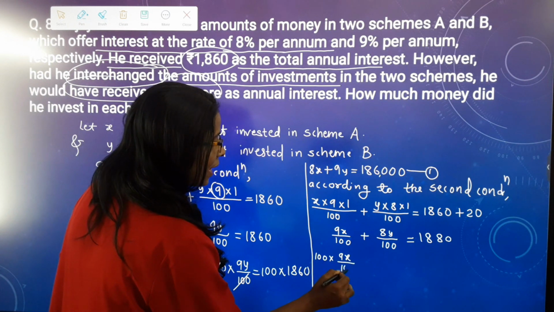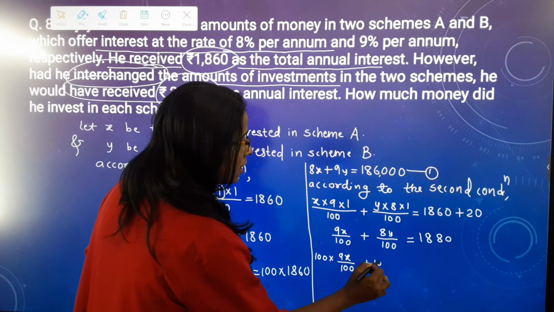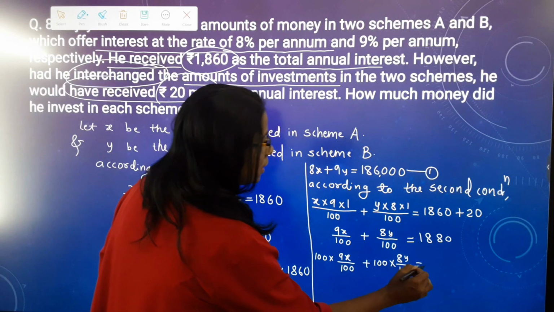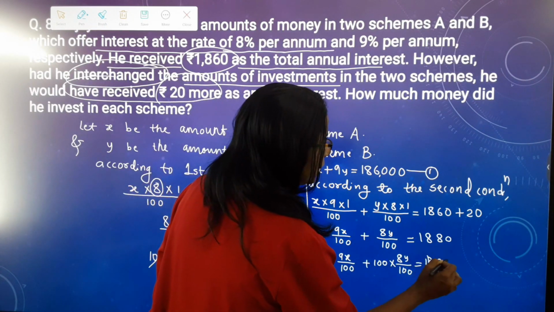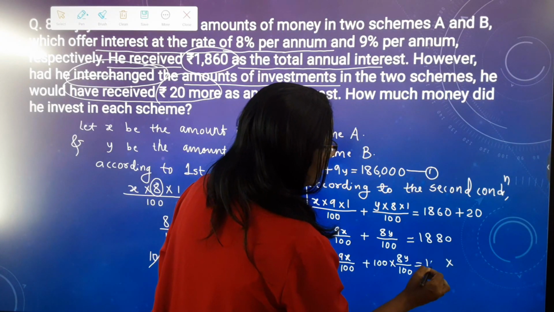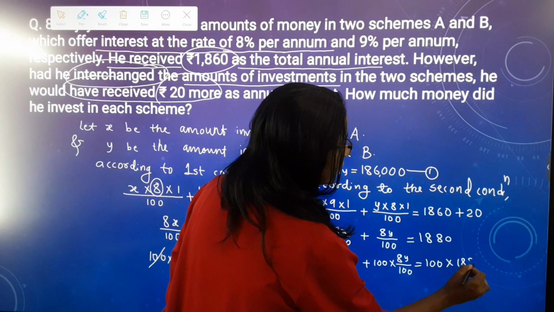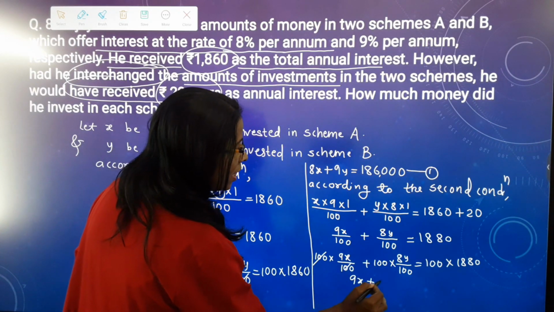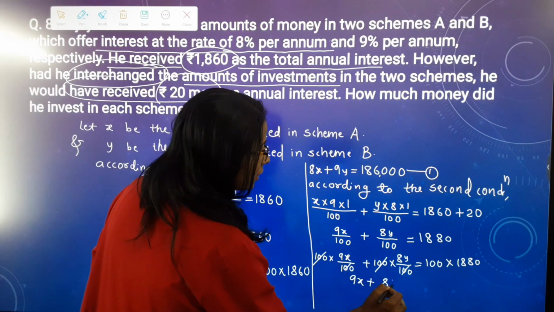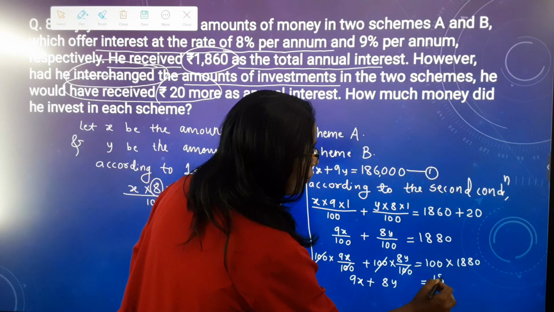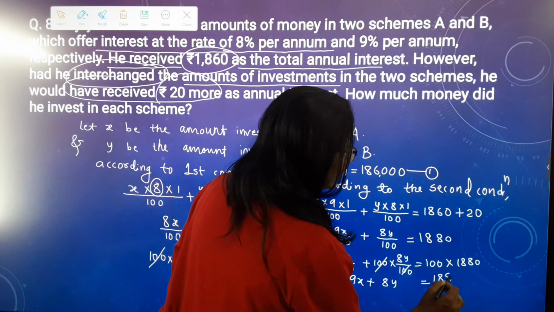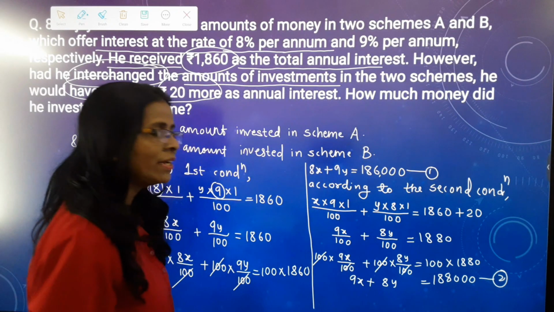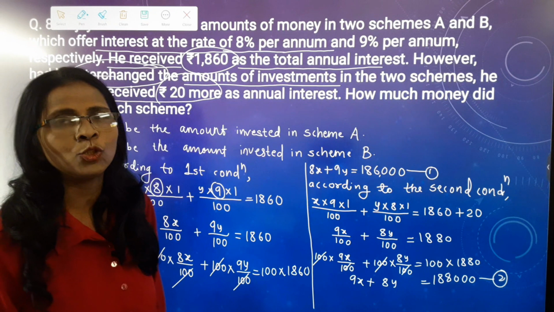So 100 multiplied by 9x upon 100 plus 100 multiplied by 8y upon 100 is equal to 100 multiplied by 1880. So 9x plus 8y is equal to 1,88,000. Call this the second equation, students.